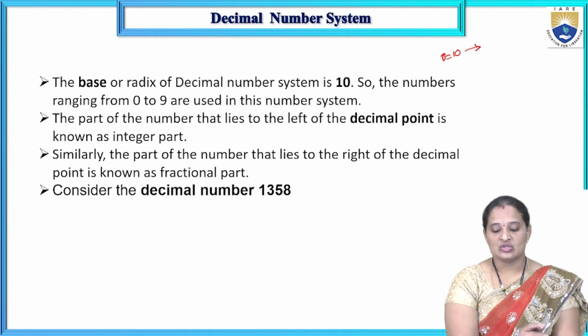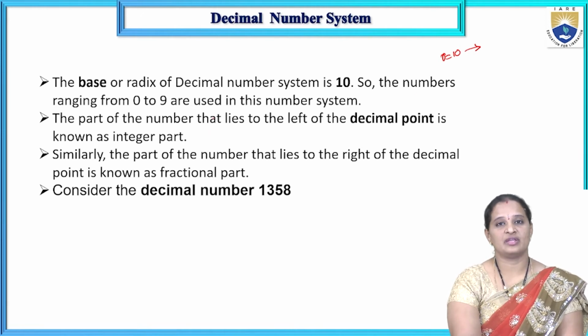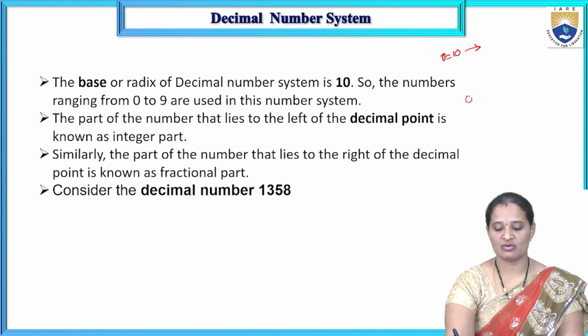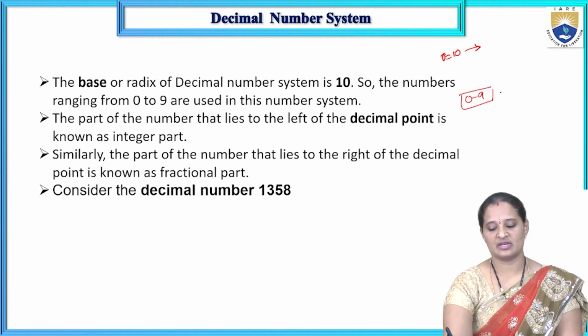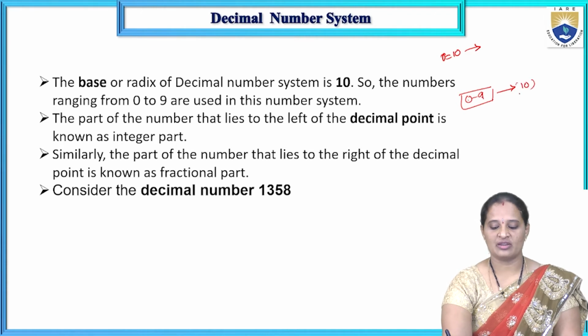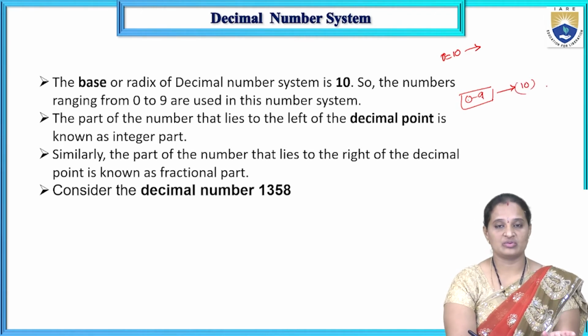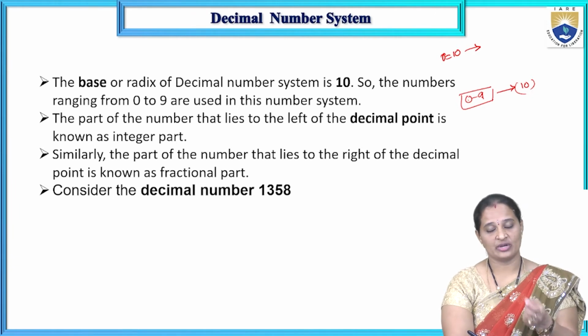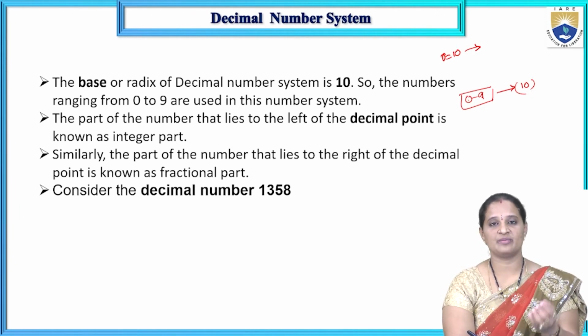The numbers ranging from 0 to 9 are used in the decimal number system. Totally we have 10 symbols. What I want to say is that the number of digits present in a number system is equal to the base R.